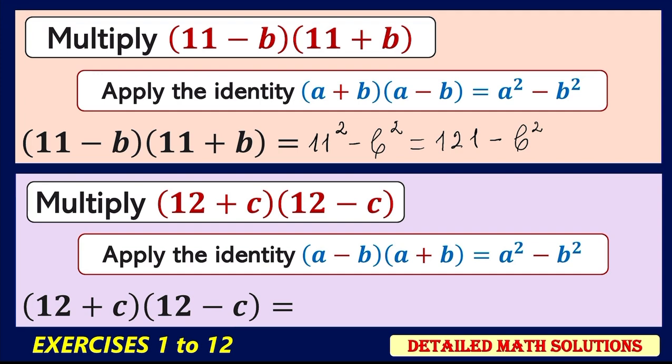And the last example is 12 plus c in parentheses multiplied by 12 minus c in parentheses. It equals 12 squared minus c squared, which equals 144 minus c squared.